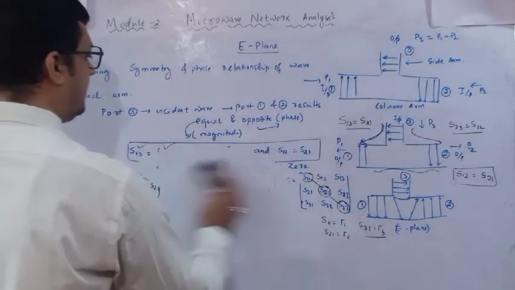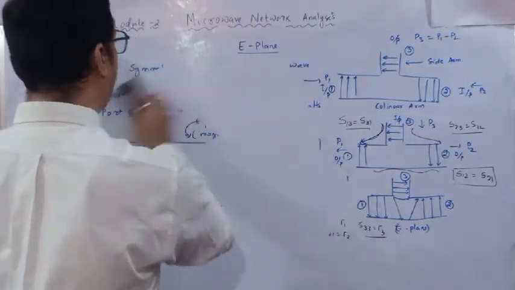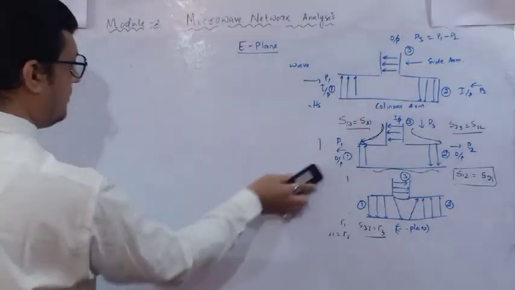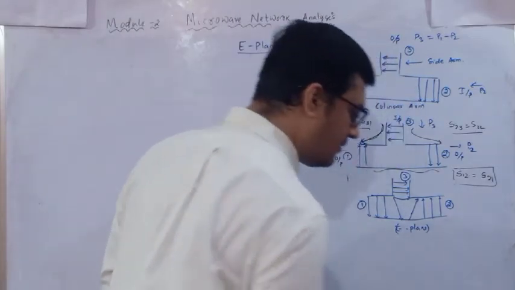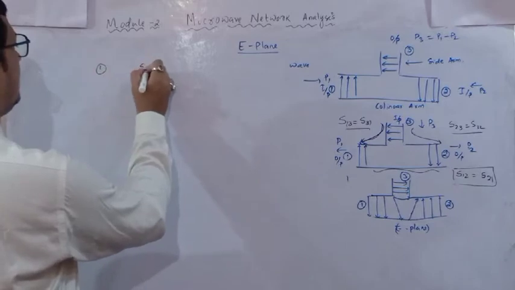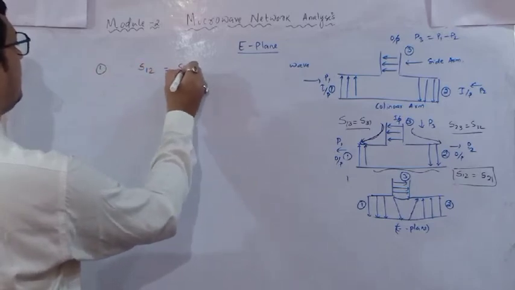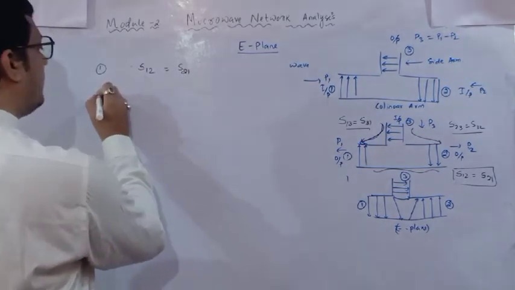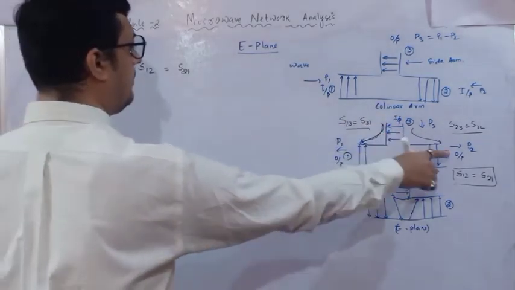So let me erase it, and once again I will write. So first condition is what? First condition is S12 is equal to S21. Second condition is 3 with respect to 1, 3 with respect to 2.